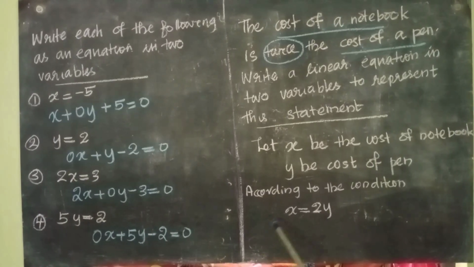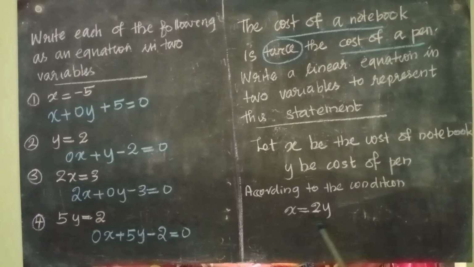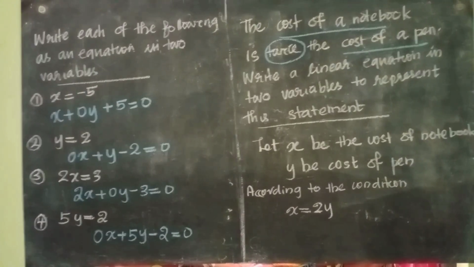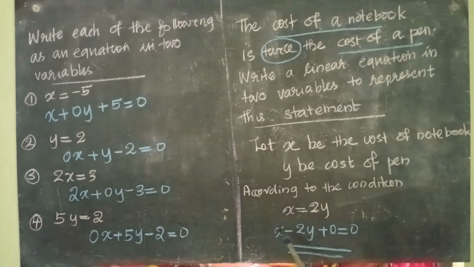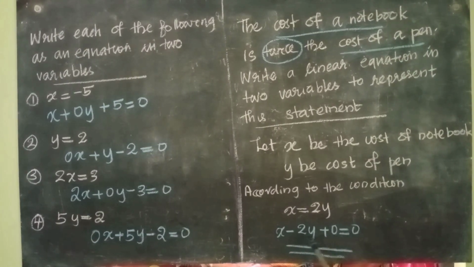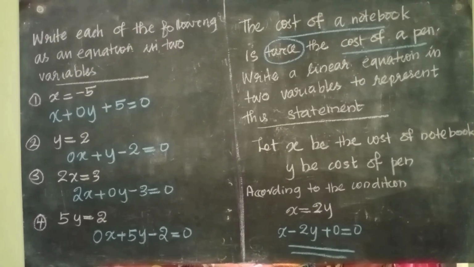So we can write x equal to 2y. Cost of notebook is 2 times cost of pen. So let us change this into the form ax plus by plus c equal to 0. So the equation is x minus 2y plus 0 equal to 0. Or we can write x minus 2y equal to 0.